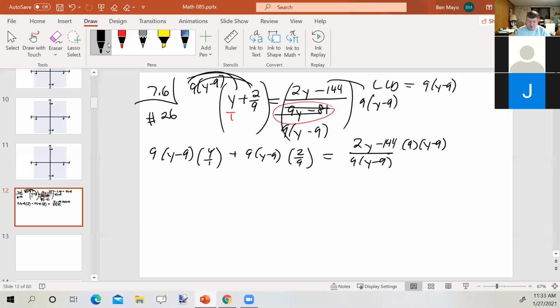Okay, so that's distributing this LCD to each of the 3 existing terms in the original equation. So now going back, let's see here.